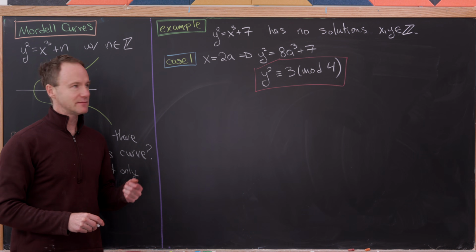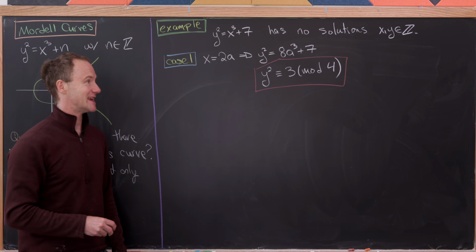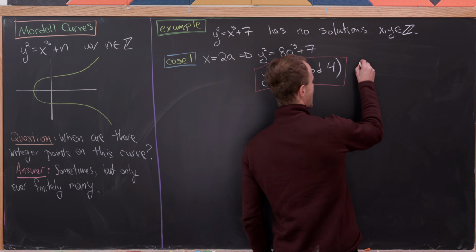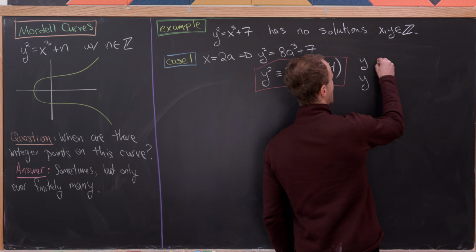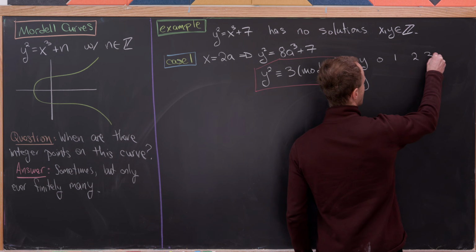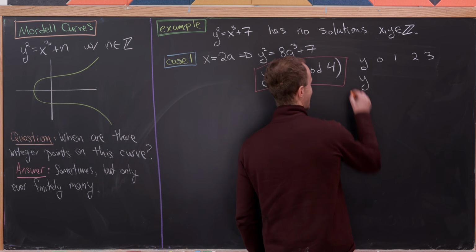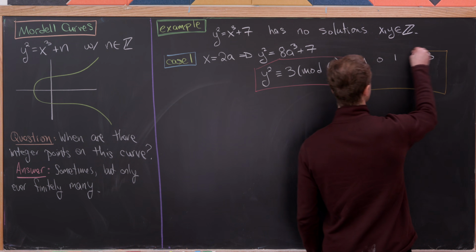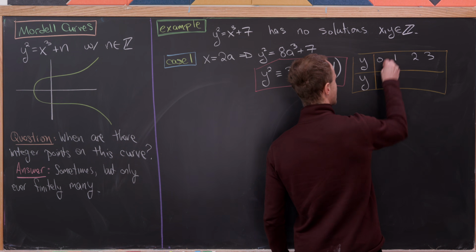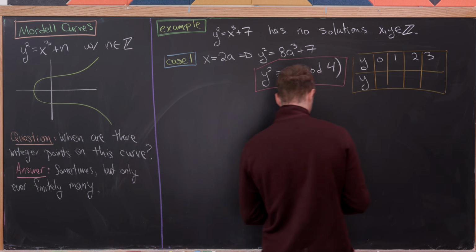But this may not seem like much of a problem, but it in fact is. Because if we were to make a chart of the perfect squares mod 4, which maybe we should have on the board just for good measure, we'll see that we never achieve the number 3.